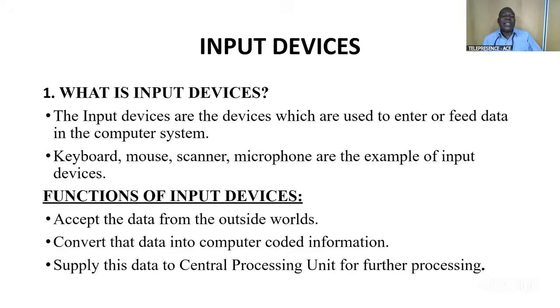It is when the data supplied by the input device is in a format that the computer can work on that it can be fed into the central processing unit, which further processes the data.